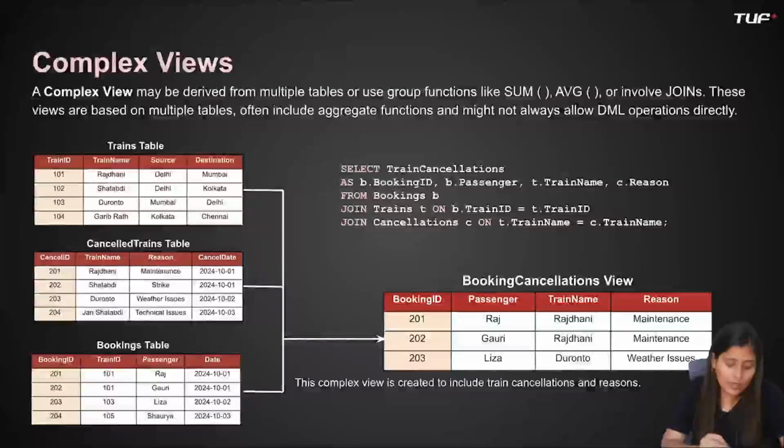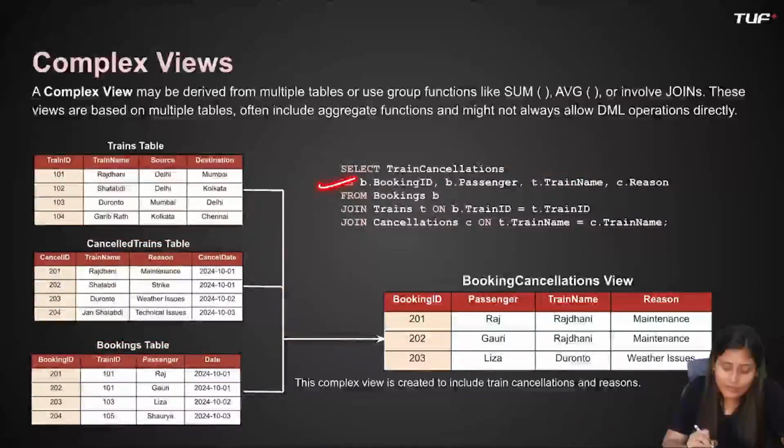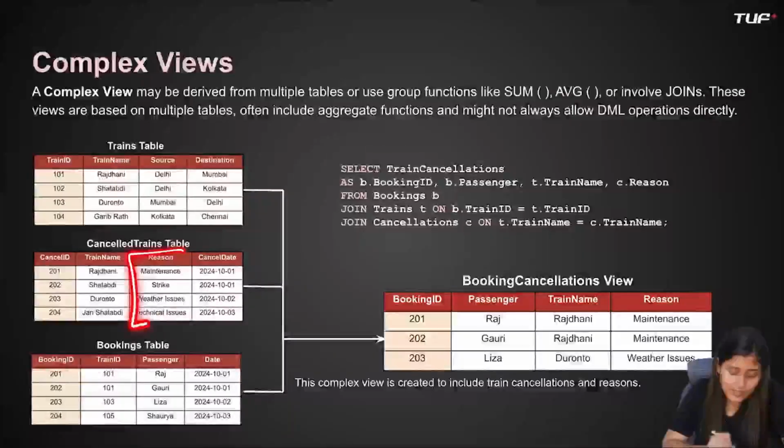So let's see how we actually make the complex view from these many tables. We are selecting the train cancellations, which is the middle table. We select column names like booking ID, passenger, train name, and reason. Booking ID and passenger come from the booking table, reason from the cancellation table, and train name from the trains table.